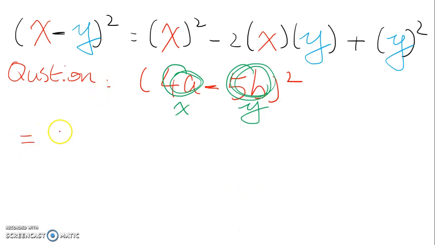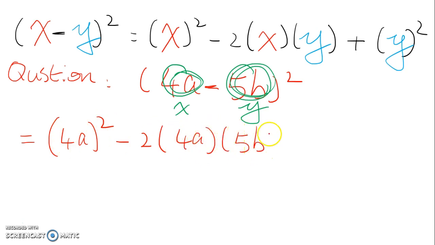So start with the x squared, minus 2 times the first one times the second one, plus the second one squared.